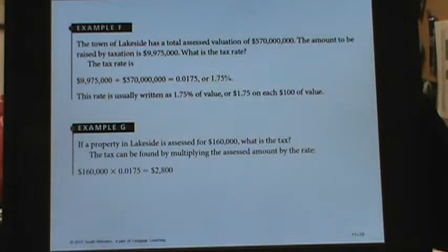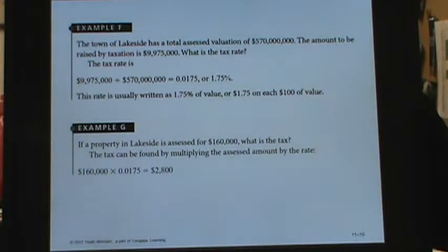They take the 9,975,000, divide it by the 570 million, and they're going to get 0.0175. Move that decimal 2 places to the right, and you have 1.75%, and that rate is usually written as 1.75% of value, or $1.75 on each $100 value.